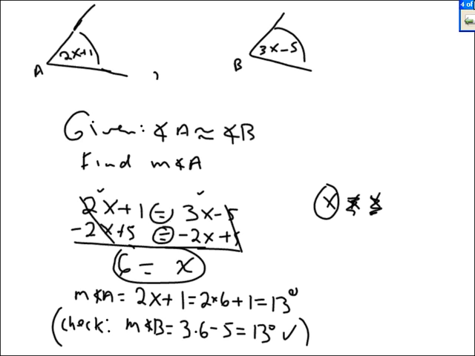So it wasn't a hard check. So x equaling 6 is the only value for x that will make this angle and that angle equal to one another. So that's what substitution means.